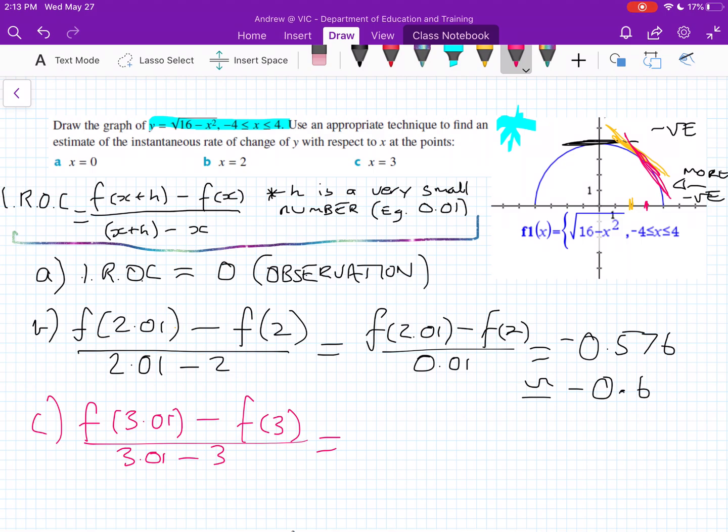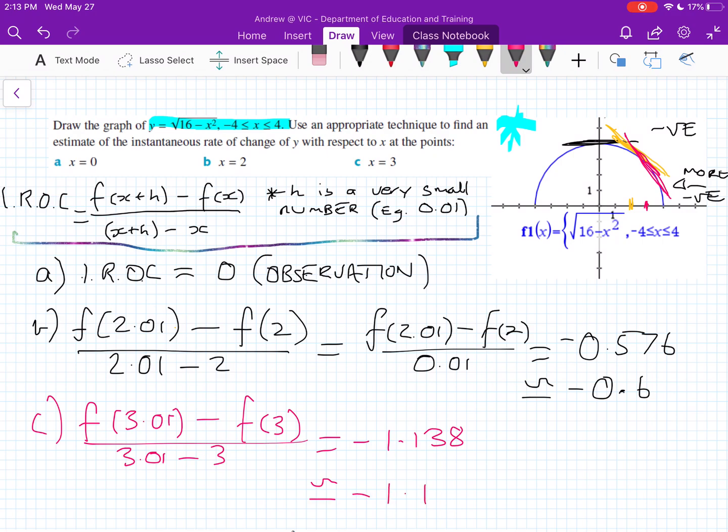If you define f(x) in your CAS, it's pretty quick to do. Then we have negative 1.138 as your answer. Just remember, the equal sign with the squiggly bit on top means approximately equal to, so this is approximately negative 1.1.